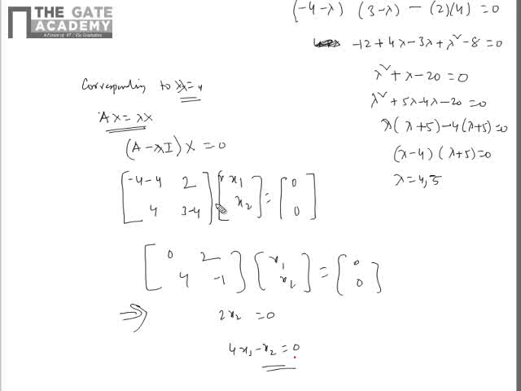So what does this mean? This means h1 h2 are all zeros. So 0 comma 0 is one eigenvector, but that's not in the options.